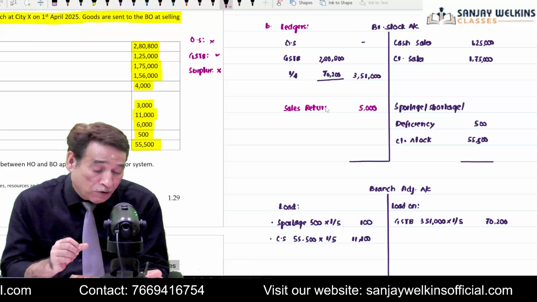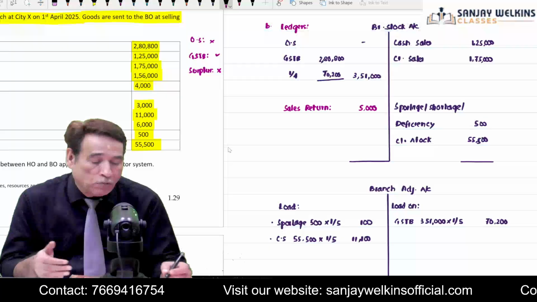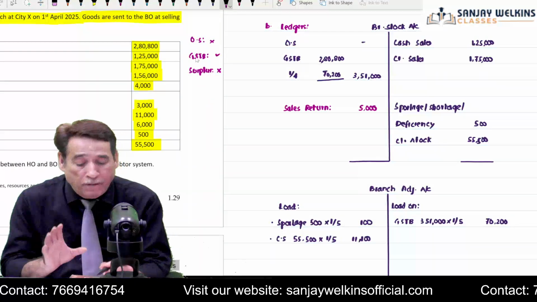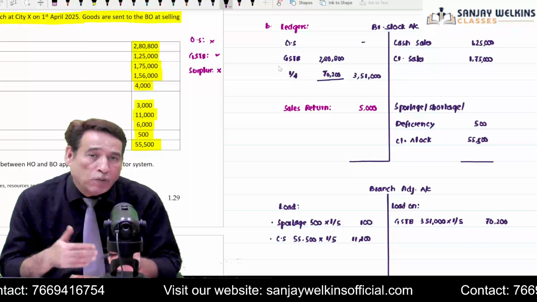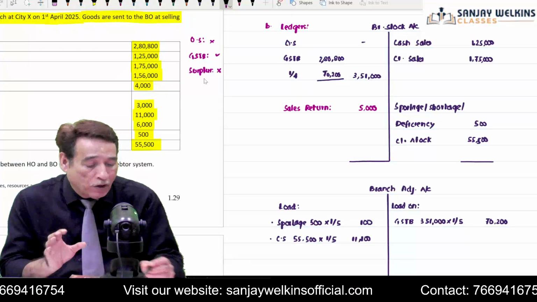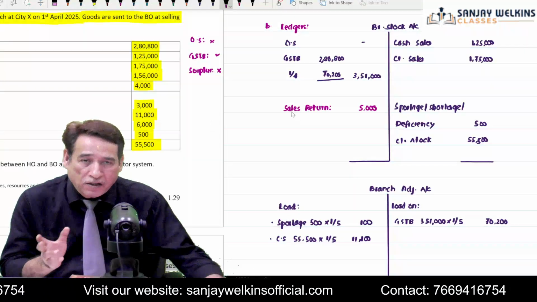Is it clear to you or not? I have written below in the notes also all these points which I mentioned. We cannot treat it as opening stock because it's a new branch. We cannot treat it as goods sent to branch because it is already available. Also, we cannot treat it as surplus because deficiency is existing on the opposite side. So now we will have to take it as sales return.